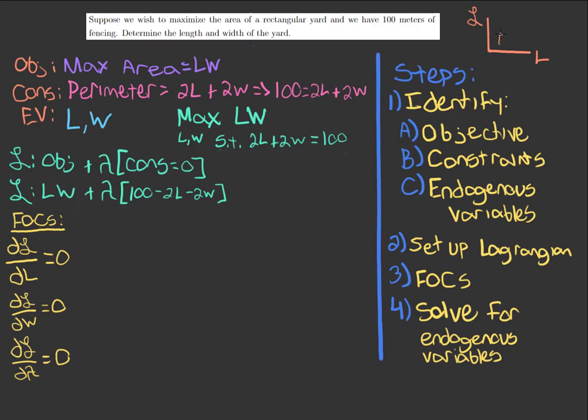So when we take the derivative of the Lagrangian with respect to L, we're just getting the rate that the Lagrangian changes as we change L. And since the derivative is equal to the rate of change, we know that the derivative is going to be the slope of the tangent line to this particular function.